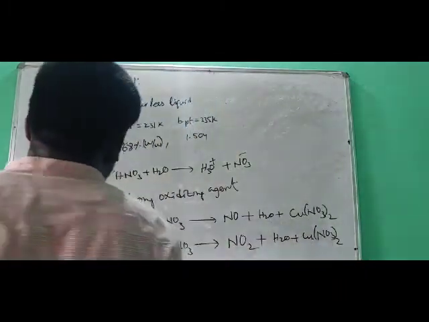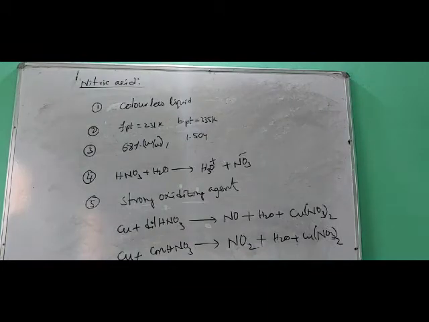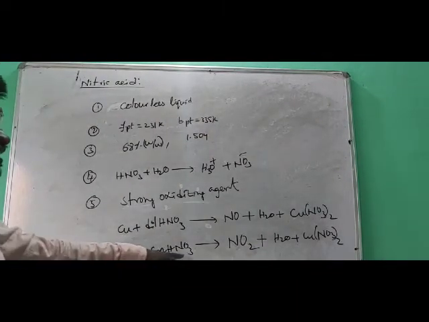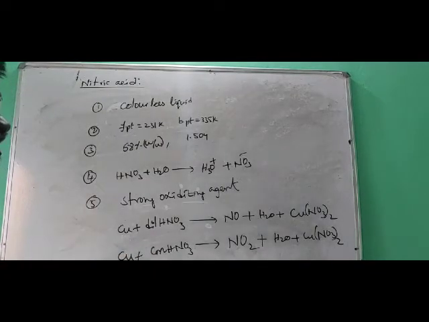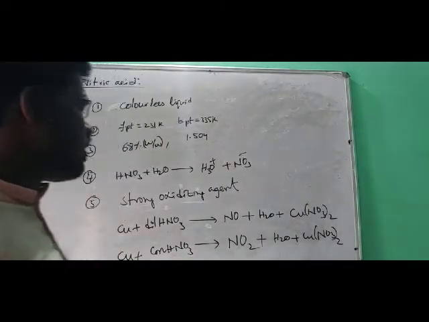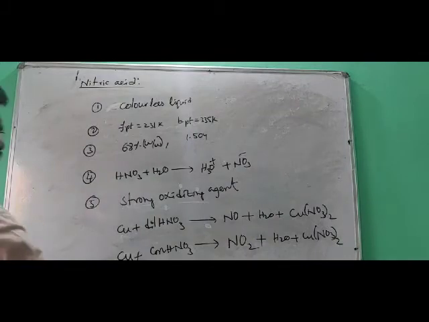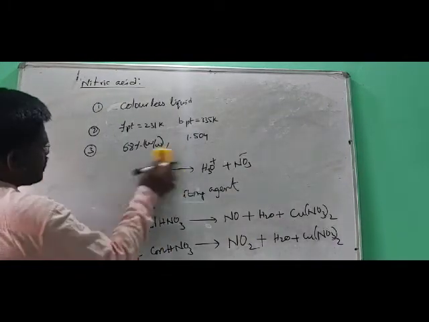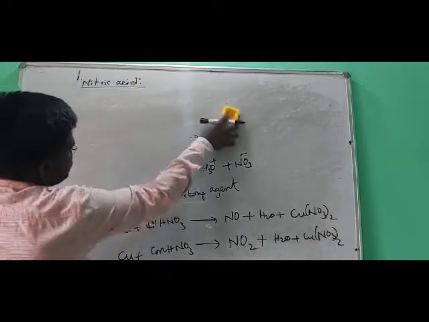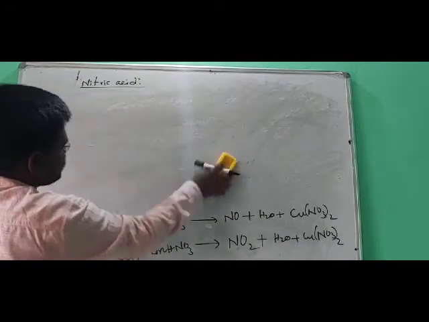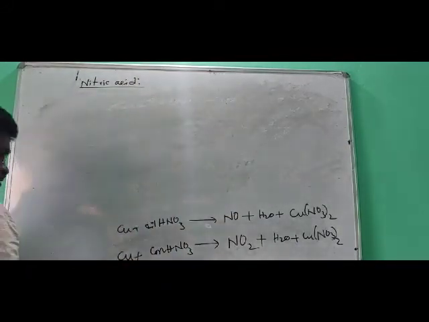Right? Diluted nitric acid reacts with copper, gives nitrogen monoxide gas, and concentrated HNO3 on reacting with copper gives nitrogen dioxide. Next, with zinc. So let us see what are the gases released when nitric acid reacts with zinc.